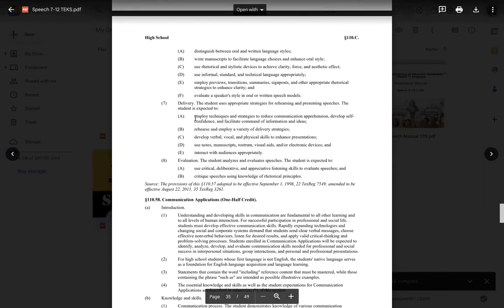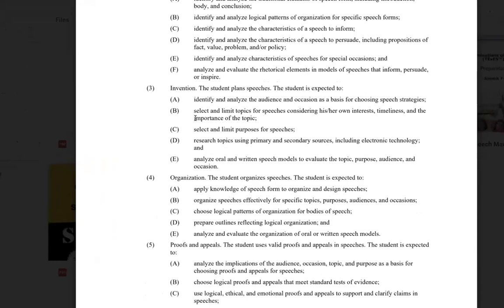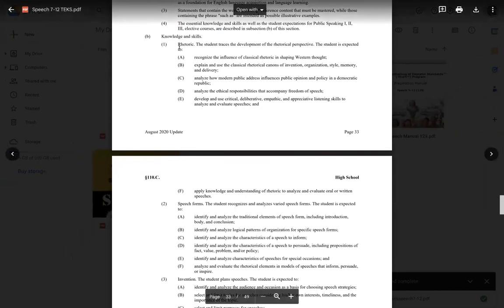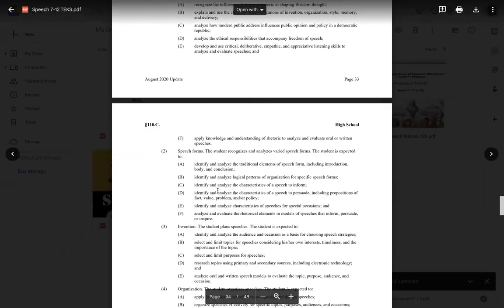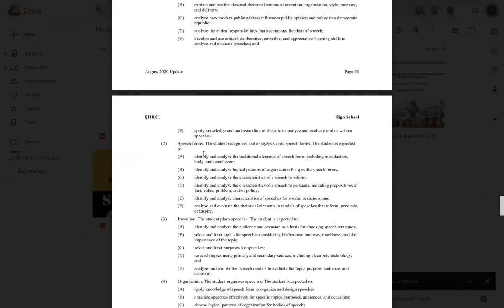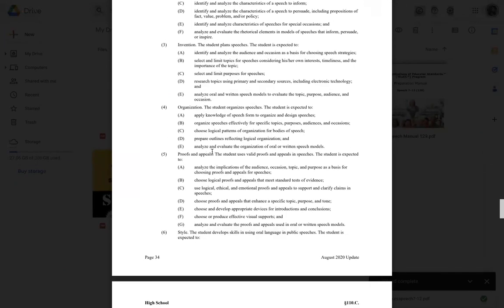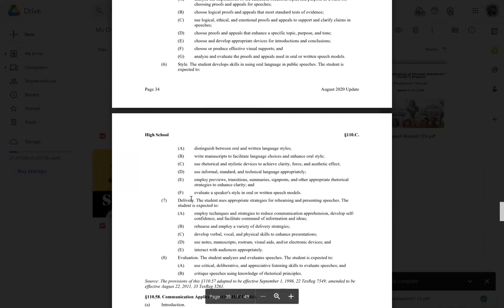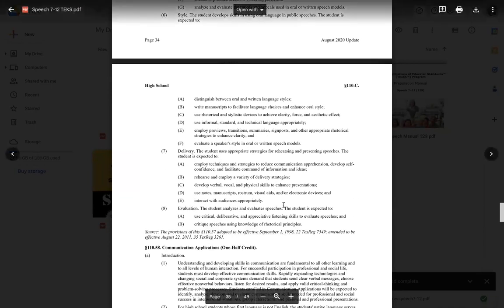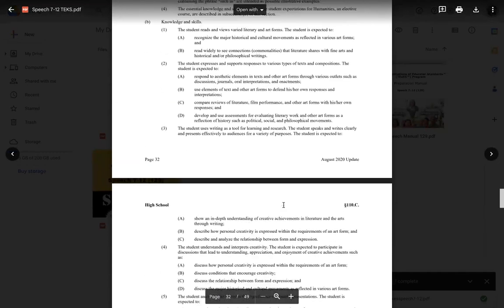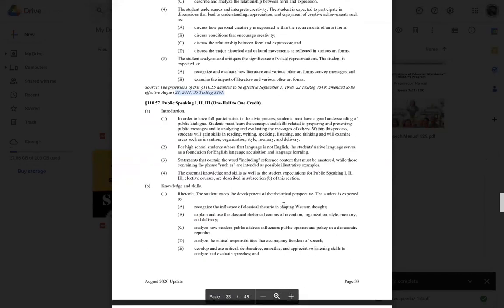So one of the things for the students, and remember, each of them is going to have particular skills. So there's, I think they call them strands, a strand for rhetoric, a strand for speech forms, a strand for invention, a strand for organization, a strand for proofs and appeals, a strand for style, a strand for delivery, and a strand for evaluation. And within those strands, there are particular goals that the students need to achieve. So if we take a look at invention, where did it go?